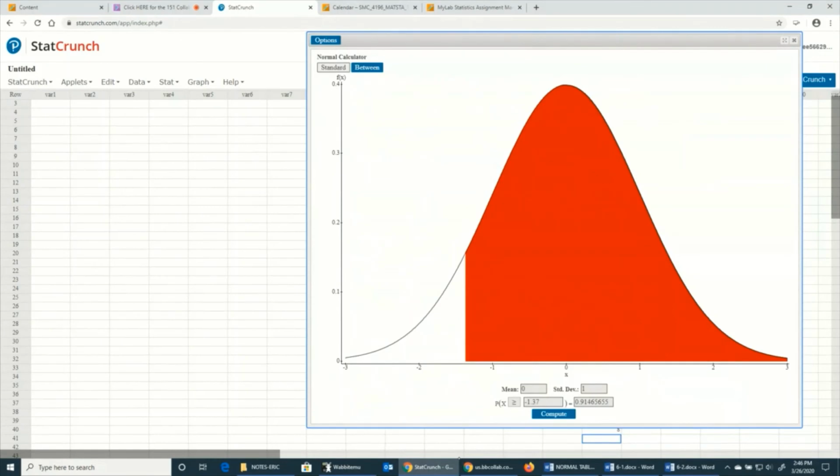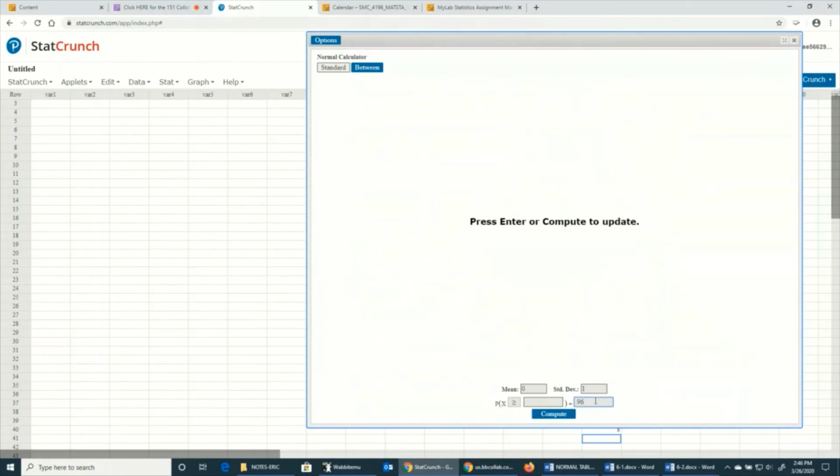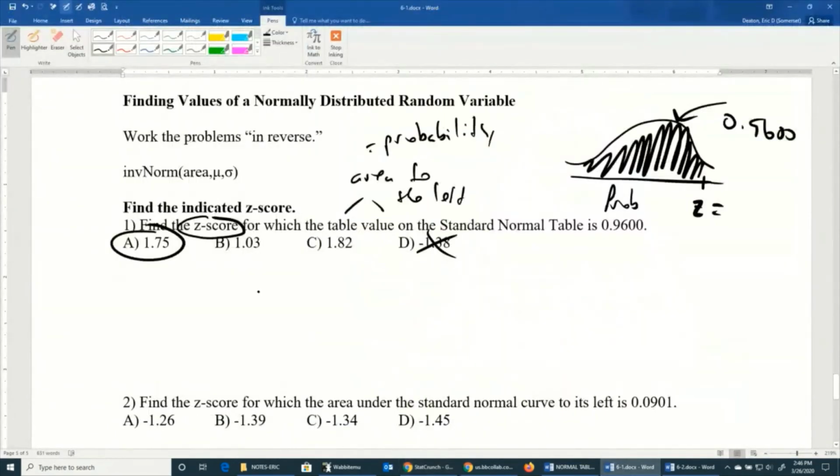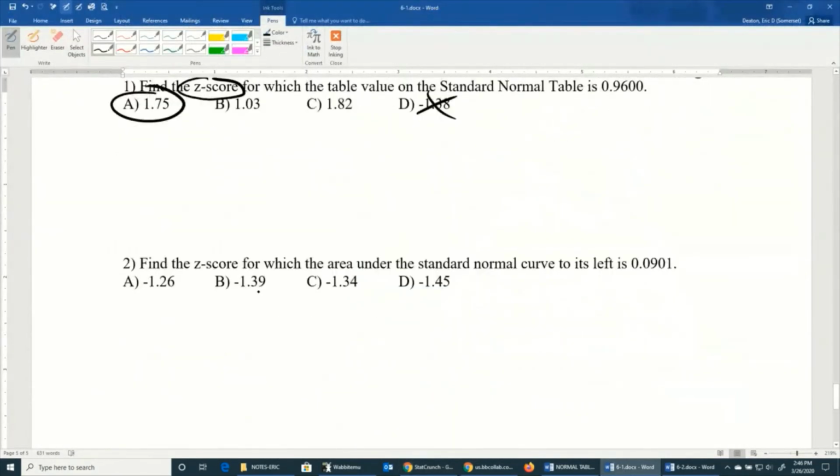This value right there is going to change because we're given that value. That's 0.96, and we need this one to change to less than, because it was looking for the z-score for the area to the left, or for the table value. The table value is always the area to the left, 0.96. Then I click compute, which I already did, and you'll see the 1.75, which is the same thing the graphing calculator gave me, which is the same thing the table gave me. Catch that? Big deal.